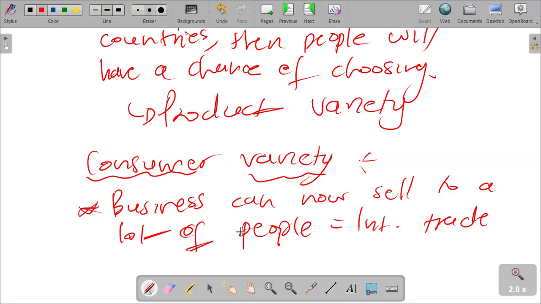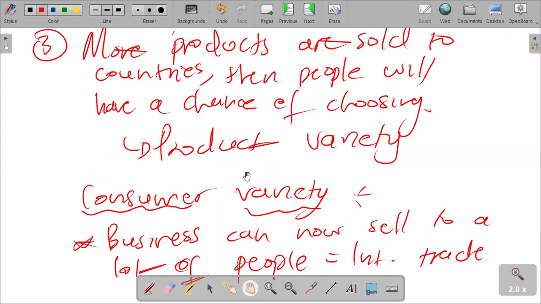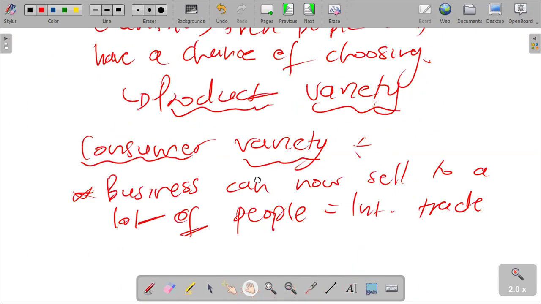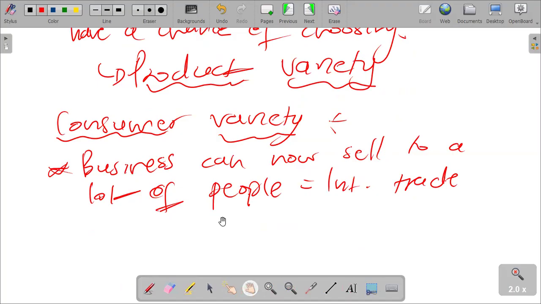Remember now, you're not only selling in South Africa, but now you are selling across the globe because of, again, globalization. So this is product variety. So I mixed the two up, Mara. This is product variety where now people have more products to choose from. And then consumer variety is when businesses can sell to more than one type of consumer. So let's say a business from South Africa cannot now sell only to South African people, but they can now sell to other countries, to your Nigerian countries, to your USAs, to your England.